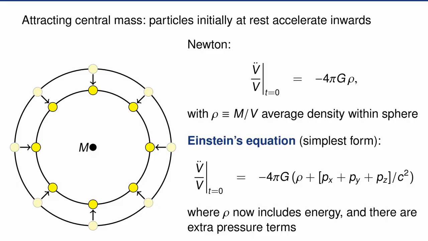So what if I take the same sphere of test particles, but now I'm putting a mass inside that sphere? That's the situation pictured here. There's a mass m in here.